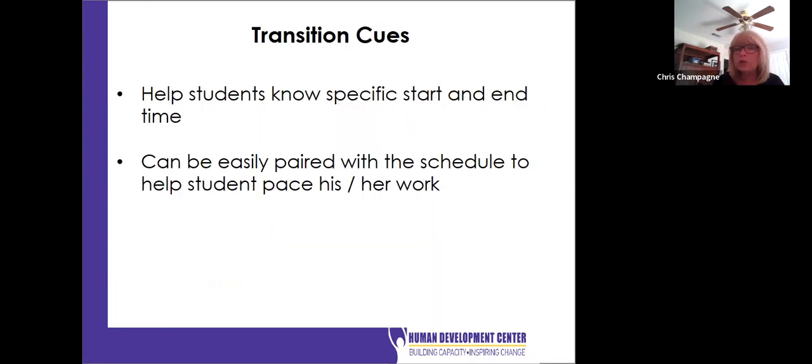So the next class of visual cues we're going to talk about are transition cues. These help students know specific start and end times for activities that they're working on, and these pair really nicely with a visual schedule. Transitions can be exhausting and difficult. They're difficult for us.